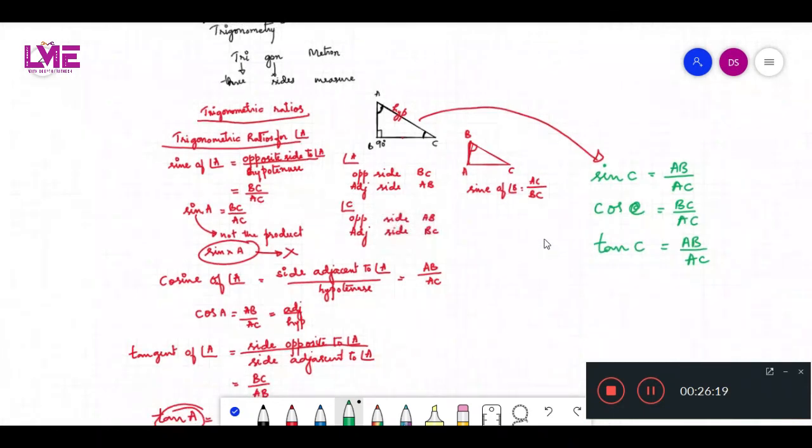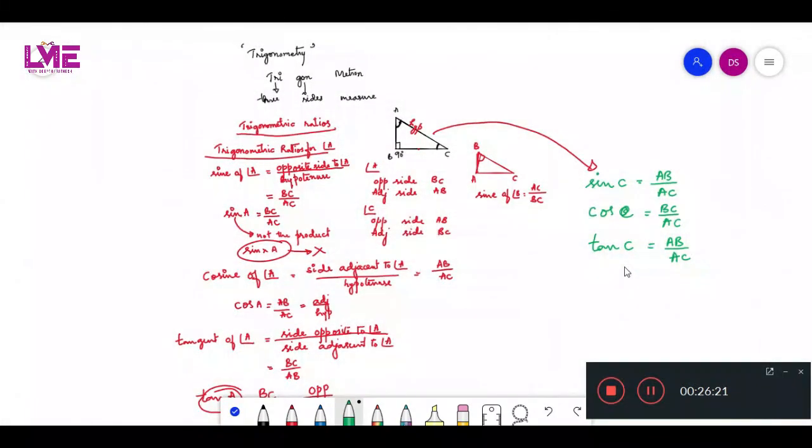Now let me tell you that when we write tan of C or tan of A or tan of any angle, what we have used is opposite side by adjacent side. Let me modify this. Let me divide both numerator and denominator by hypotenuse. So opposite by hypotenuse divided by adjacent by hypotenuse.